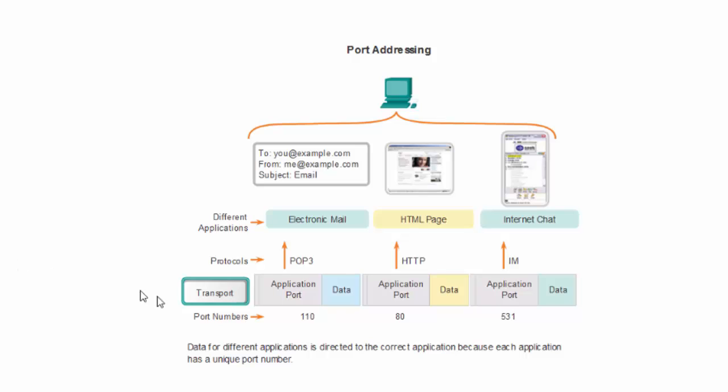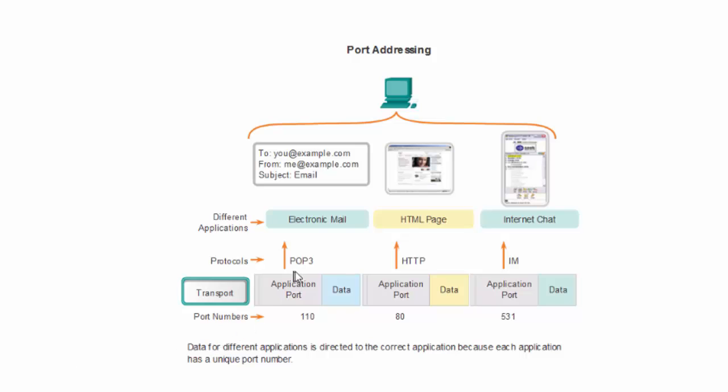So the destination port is placed by the client to send to the server. For example, if we have HTTP and a web page, the browser will put the destination port address 80 to indicate that it wants to connect to a web server. For example, for email, the destination port is usually 110 to indicate that we want to communicate with an email server, and so on.